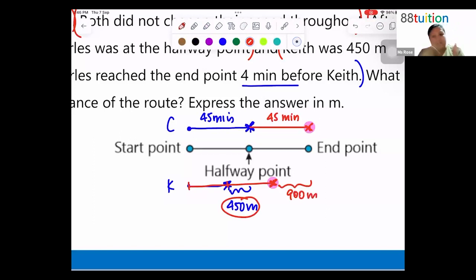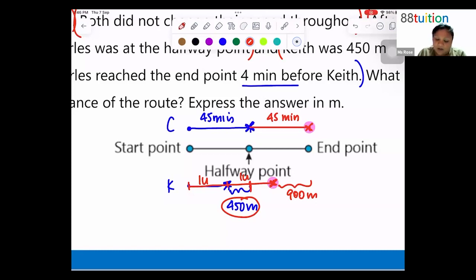So we double everything. When Charles covered 45 minutes, half a distance, Keith is only at 1 unit. So I double it. 1 unit, he's still 450 meters short. Then when I double it to another 1 unit, because Charles completed the journey, Keith would have an extra 900 meters.